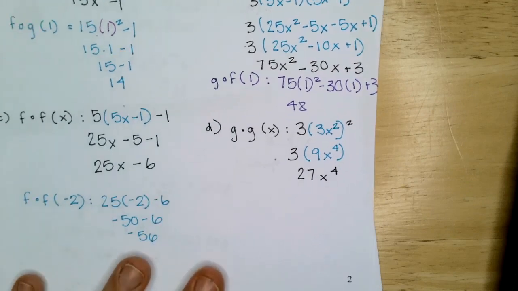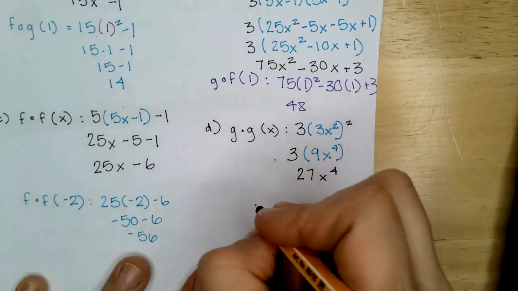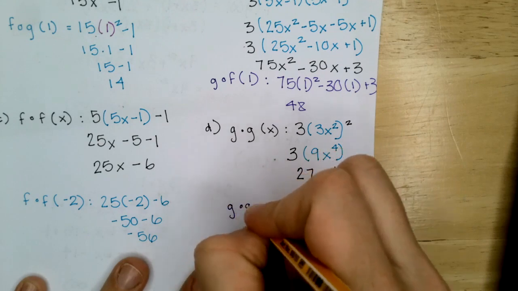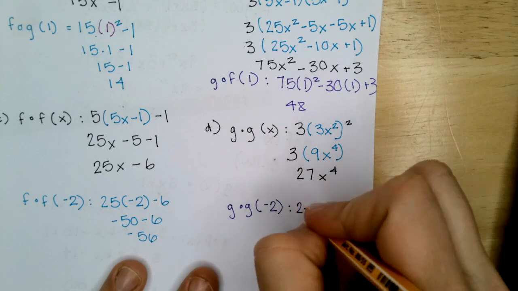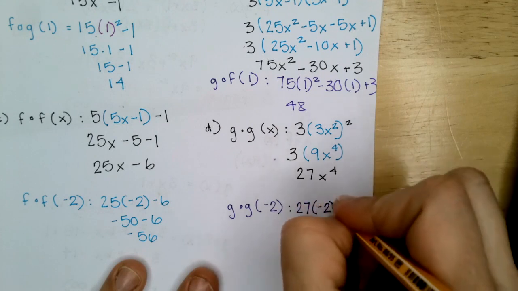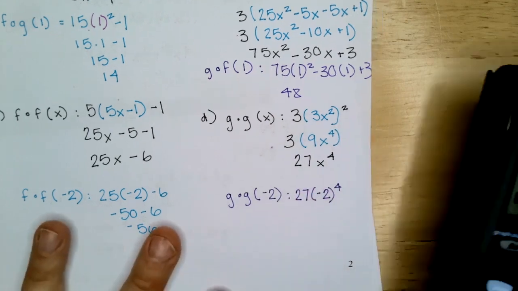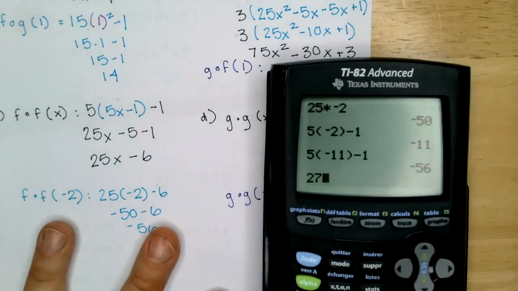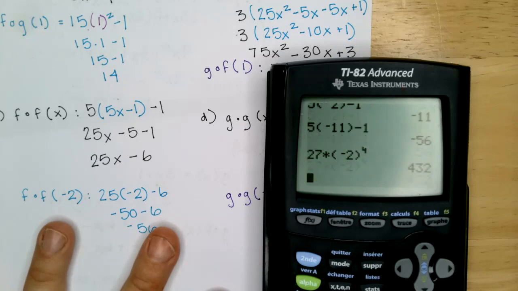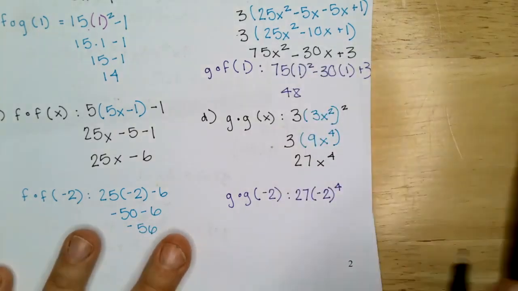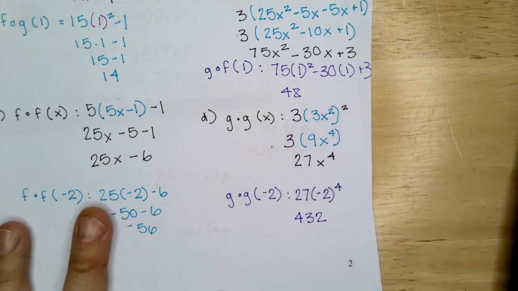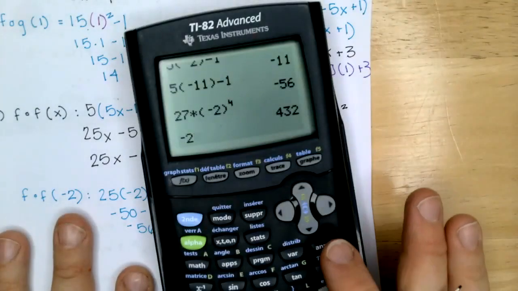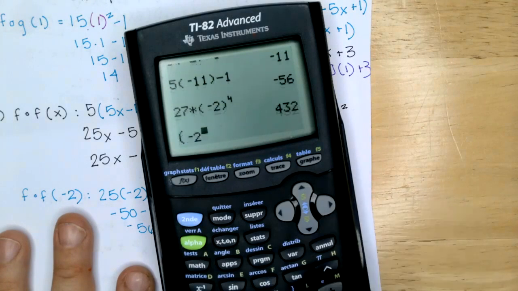Good? And then g of g of negative 2 becomes 27 times negative 2 to the 4th. Remember your parentheses.